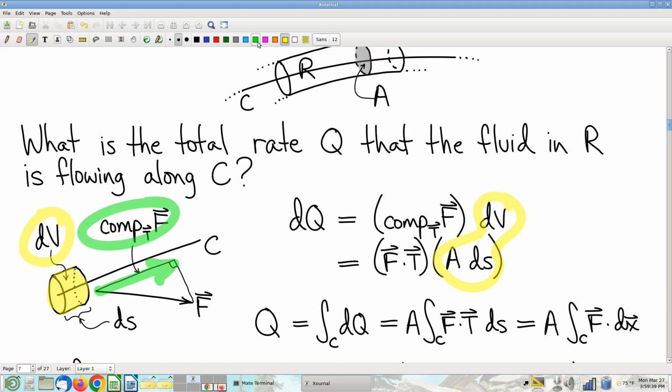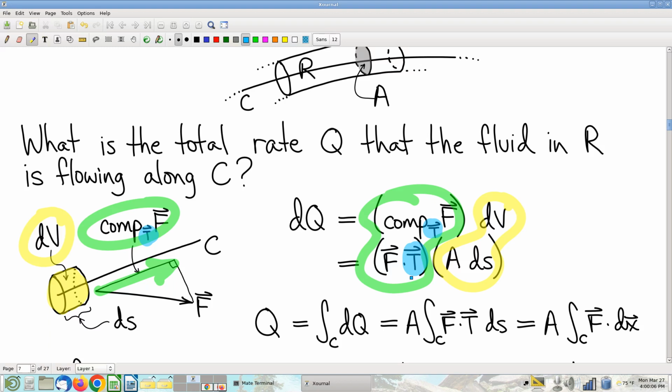What is this component? How do I compute components in the direction of a curve? Well, components are computed as a dot product with the unit vector. Don't forget my unit tangent vector T is a unit vector that is parallel to, namely exactly along, the curve. So that's how we compute that component.